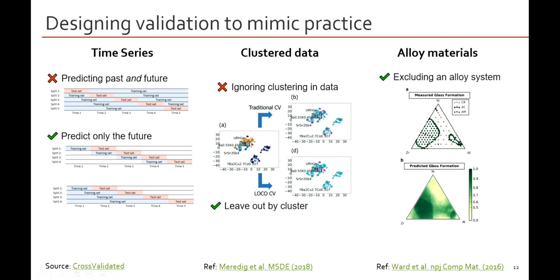One easy to understand example of this is using cross-validation for models that predict time series data, where generally you want to take these models and predict what's going to happen in the future.